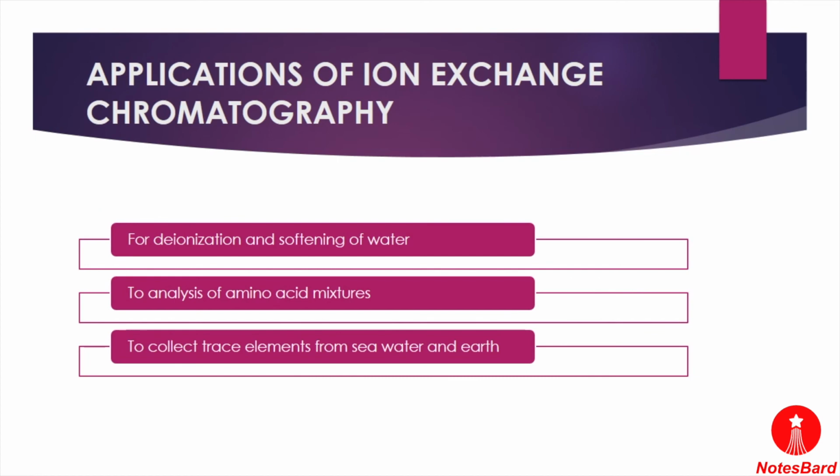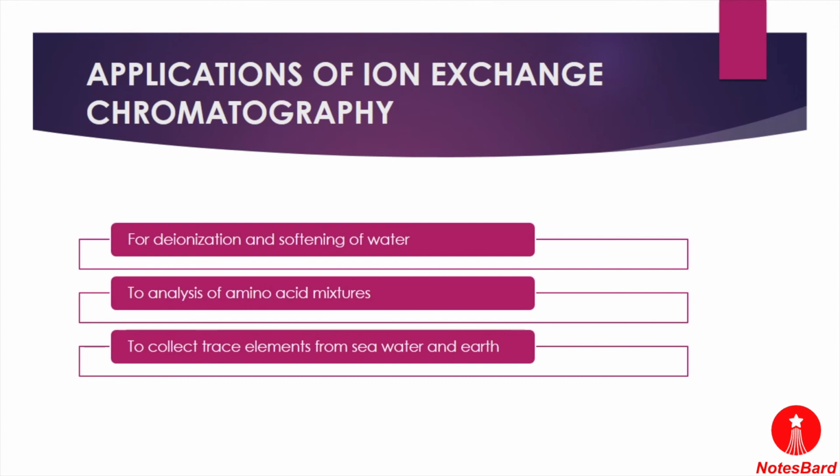Now let's discuss the applications of this method in industry as well as in laboratories. Ion exchange chromatography is used in deionization and softening of water. As we have discussed, this method works on ions or ionic molecules, which is why it is widely used for softening water.